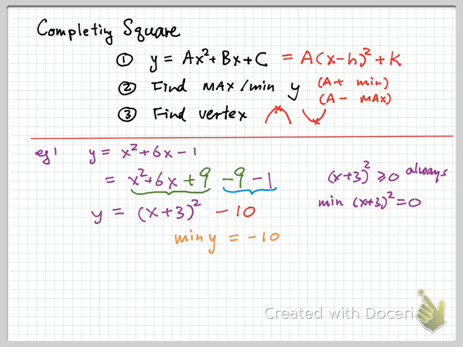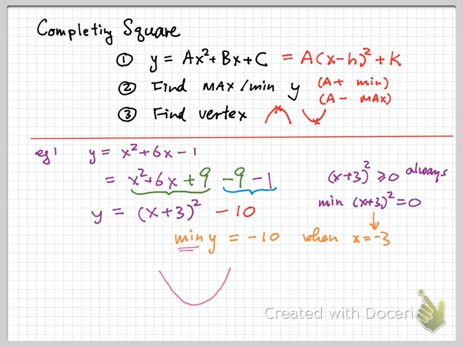The minimum value of y is when (x + 3)² is 0, so the minimum is −10. And the minimum value occurs when x is −3, when the complete square is 0. Now if you think about the shape of the parabola, it shows a minimum, so it should open up.